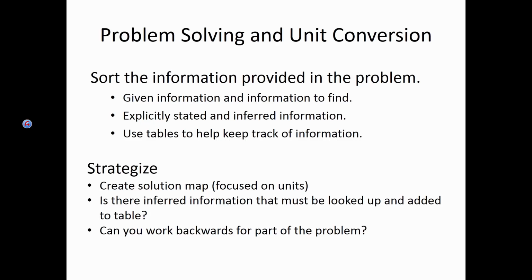If that's the case, go back and find that information, put it in your table. So you might have to kind of go back and forth between this set of steps and this set of steps. Sometimes you can even work backwards. You can know, okay, I need these units at the end. I know this thing will help me to get there. And you can put in maybe that last step, and then that helps you get from the initial steps to your final step.